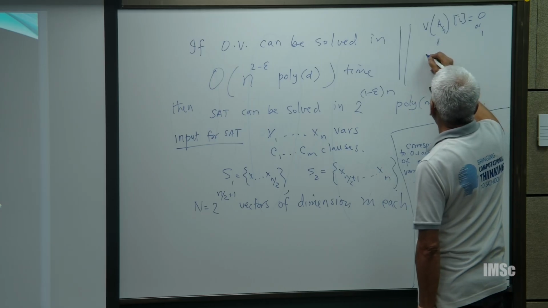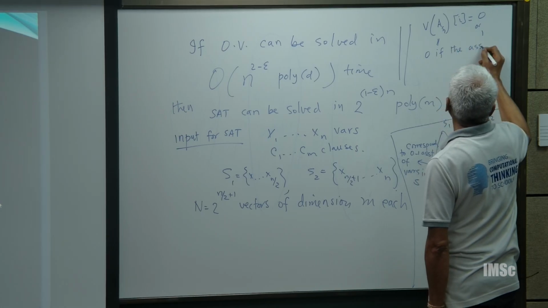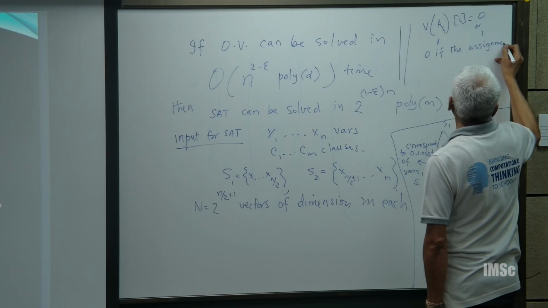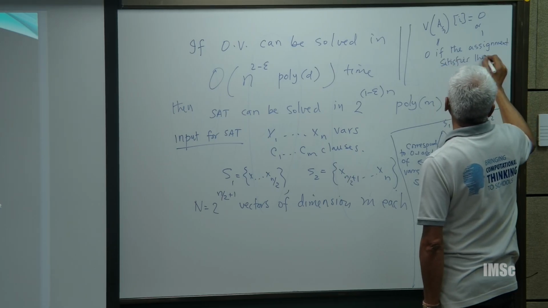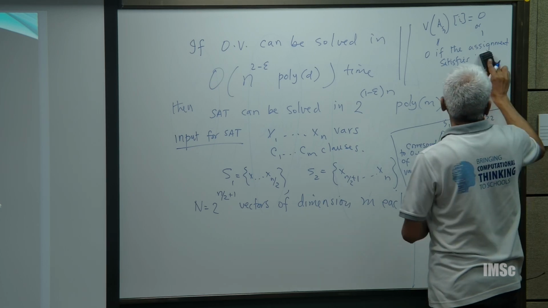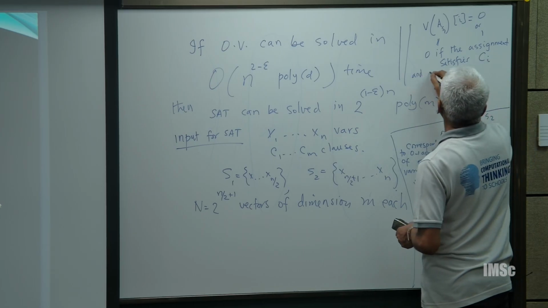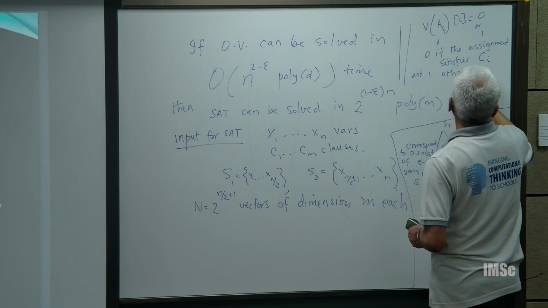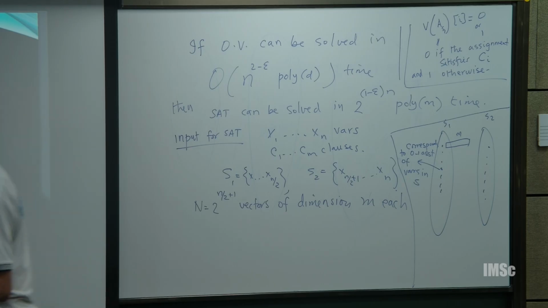It is 0 if the assignment satisfies the clause i, and 1 otherwise. Maybe, oh, I think there is an example here. Why don't I use that?